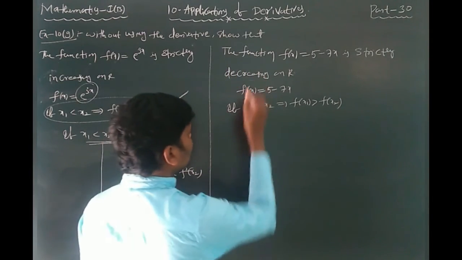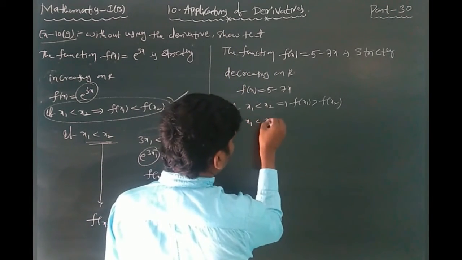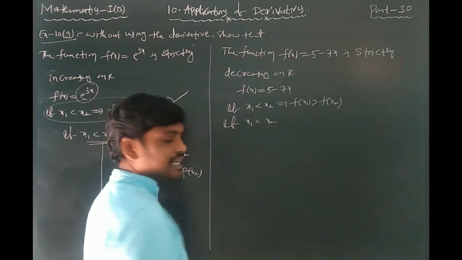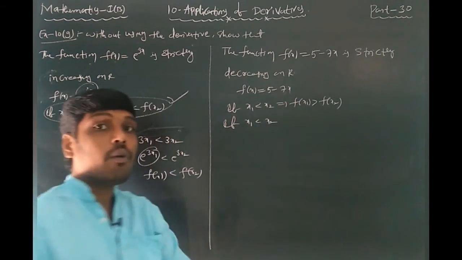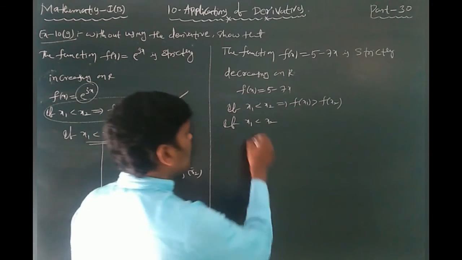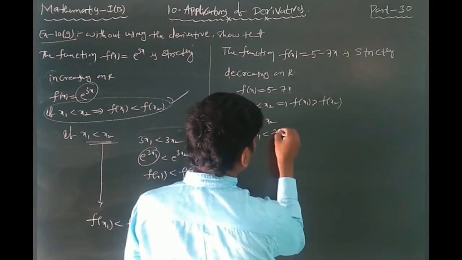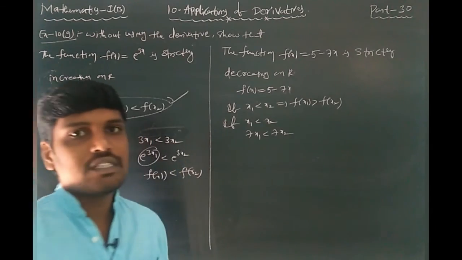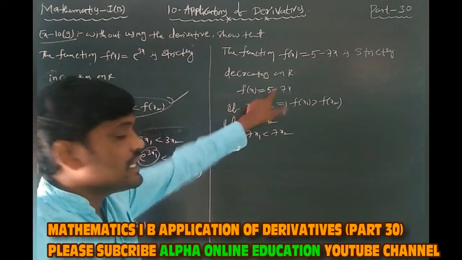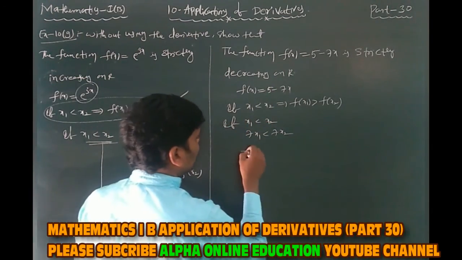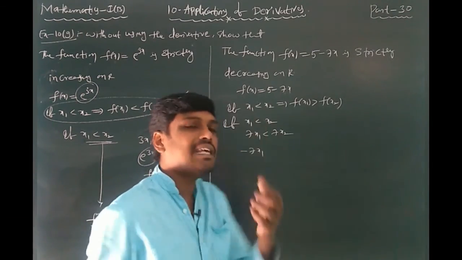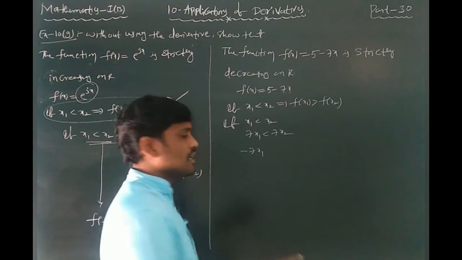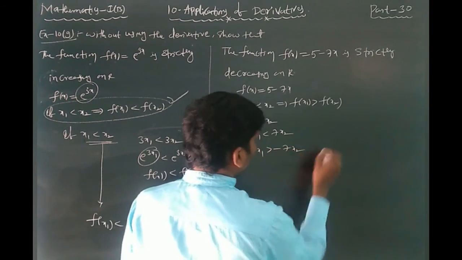In this strictly decreasing function, first you have to take x1 is less than x2. Here x has coefficient 7, that's why multiply 7 on both sides: 7x1 is less than 7x2. Here minus is there, so multiply both sides by minus: the inequality reverses, giving minus 7x1 is greater than minus 7x2.